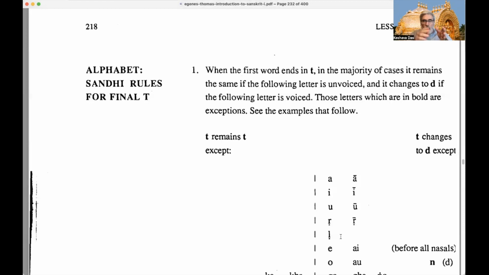In the dentals, we have ta tha da dha na, right? So the unvoiced dentals are ta tha, and the voiced dentals are da dha na. So basically, you've got this unvoiced letter, dental T, and it becomes voiced when it's followed by a voiced letter; it gets flavored by the next letter, and it becomes voiced, or what we call ghosha.